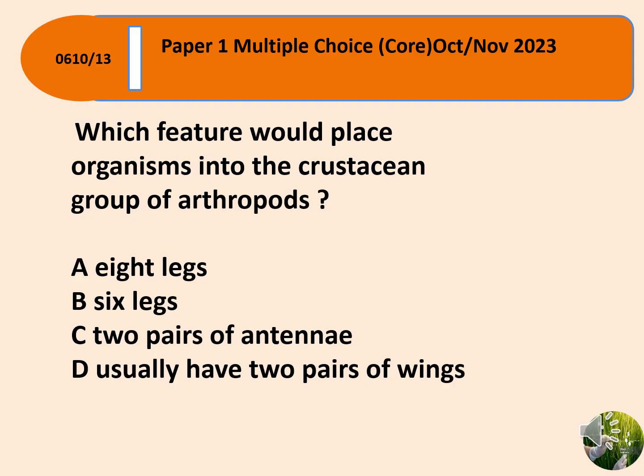In the table we saw that crustaceans have 5 pairs or more legs. So A and B are not correct, but they have a special feature, 2 pairs of antennae. So the answer is 2 pairs of antennae, which is C.